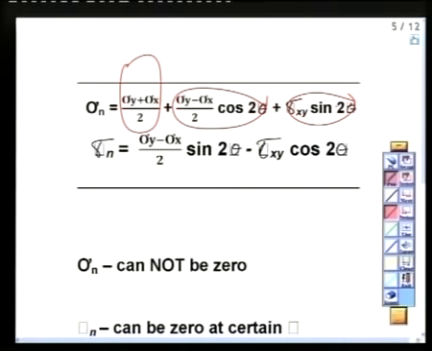While tau n may equal 0. Why? Because if cosine 2 theta equals 0, then this will be 0, and if sine 2 theta equals 0, then this will go 0. We may have an angle where cosine 2 theta and sine 2 theta equal 0, then this will end up with 0.